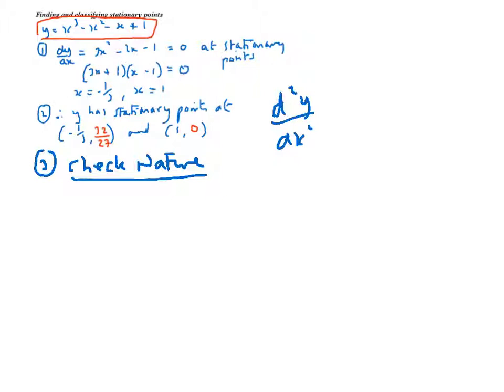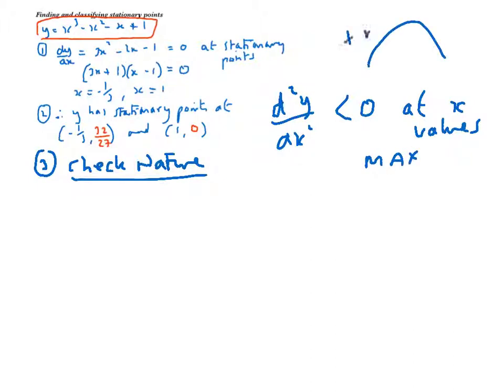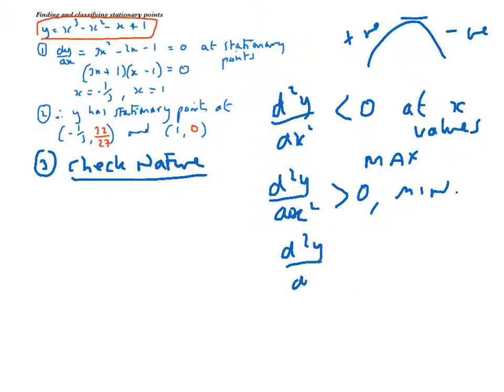So if I find that d2y over dx squared is less than 0 at my x values, then that would produce a maximum. So remember, a maximum goes from positive to negative after the stationary point. Or d2y over dx squared could be more than 0, which would indicate it's a minimum. Or d2y over dx squared could equal 0. And this is where we would require further investigation, which will be in another video.